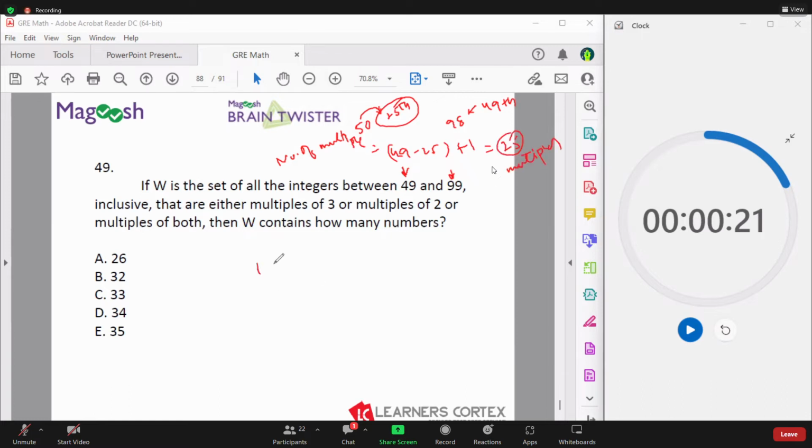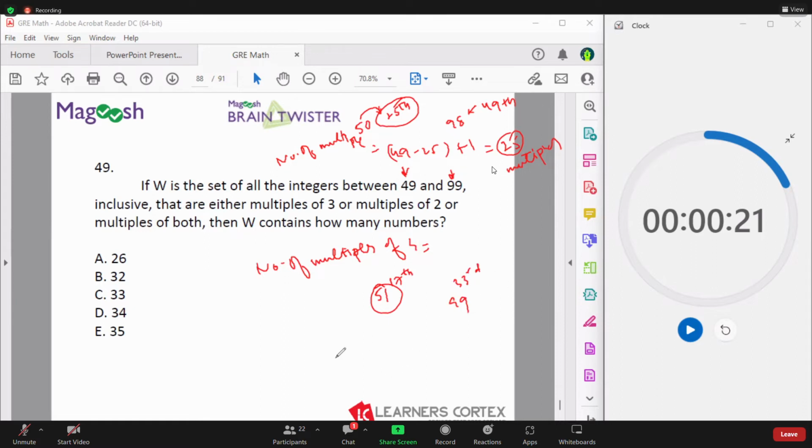Similarly, the number of multiples of 3. The first multiple of 3 starting from 49 would be 51, which would be the 17th multiple of 3. And the last multiple would be 99 itself, which would be the 33rd multiple.